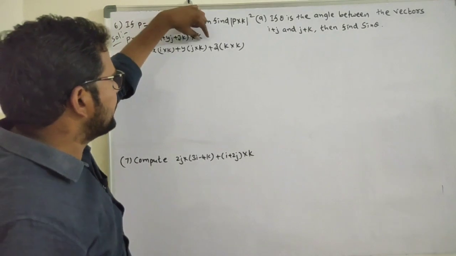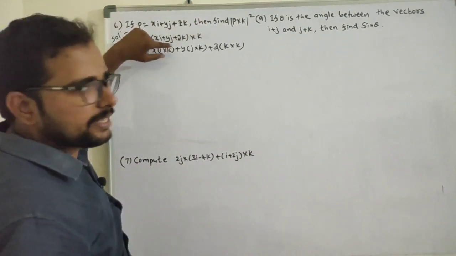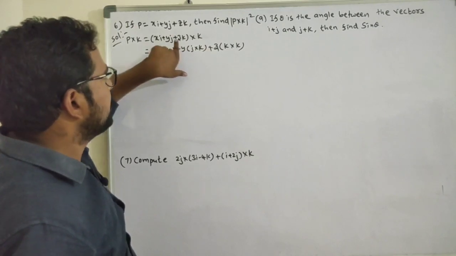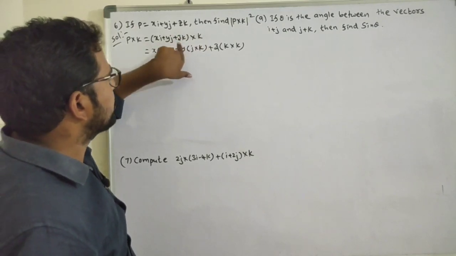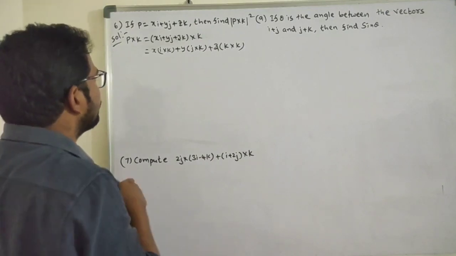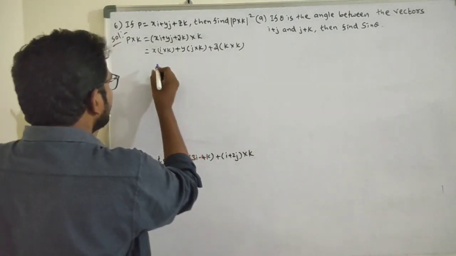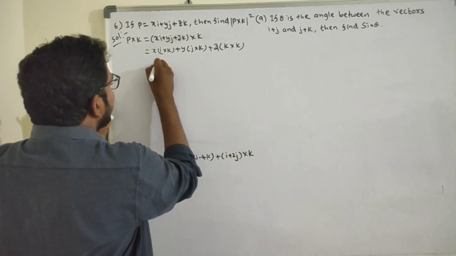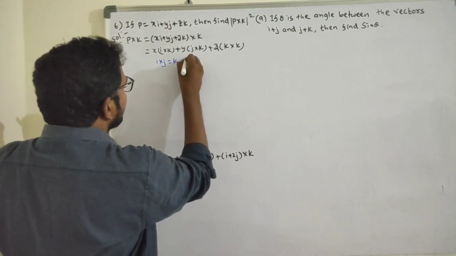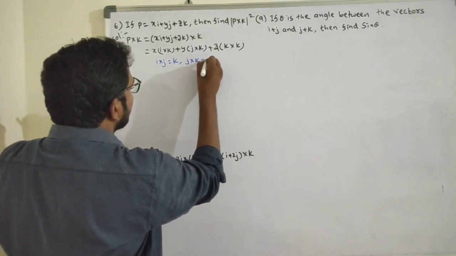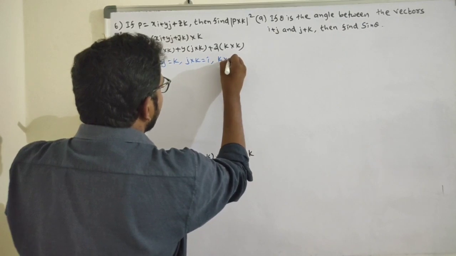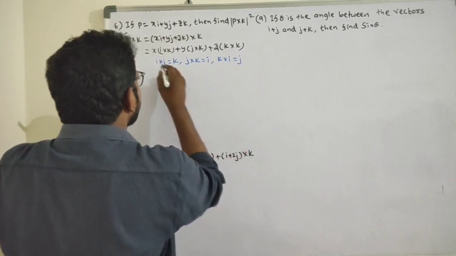Xi cross k is equal to X into i cross k, plus Yj cross k is equal to Y into j cross k, plus Zk cross k is equal to Z into k cross k. Already we know the conditions. The formulas are: i cross j is equal to k, j cross k is equal to i, and k cross i is equal to j.